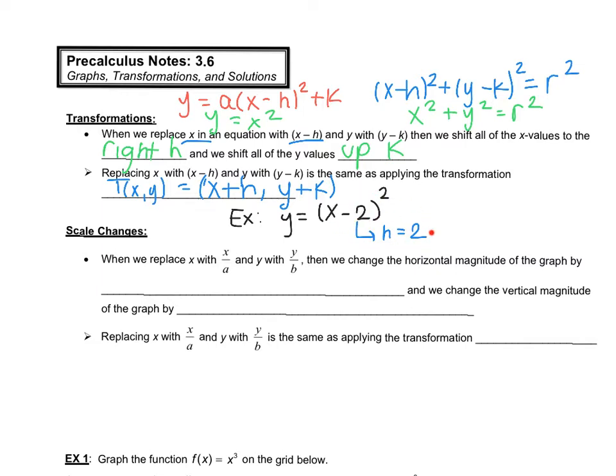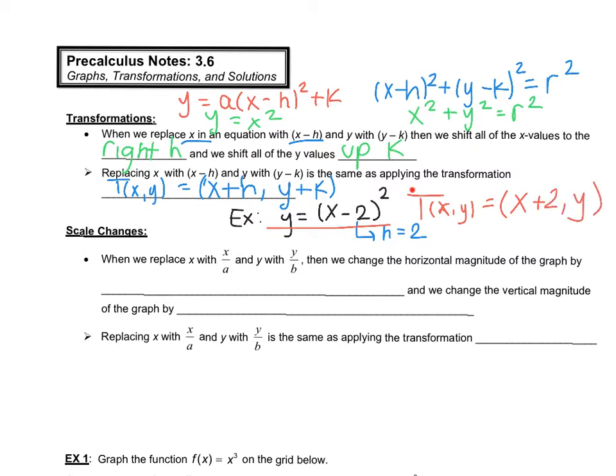This means I would shift the graph, every point on this graph, 2 units to the right. Transformation notation, so this is the equation, but transformation notation tells us exactly what to do to x and y. So it says the transformation would be take all your x values and add 2. Take all your y values and just leave them the same.